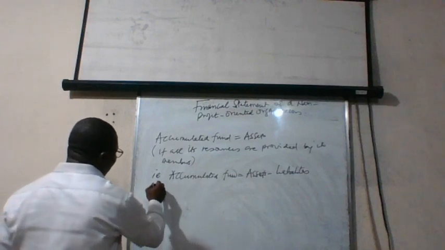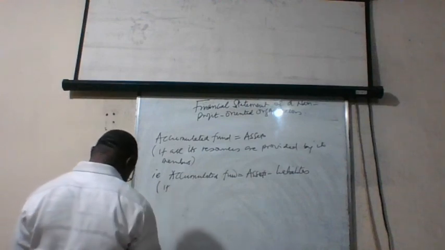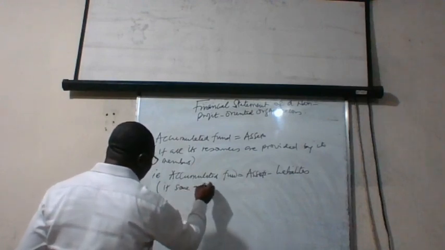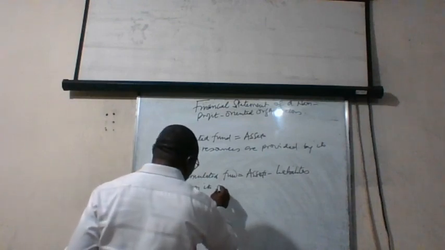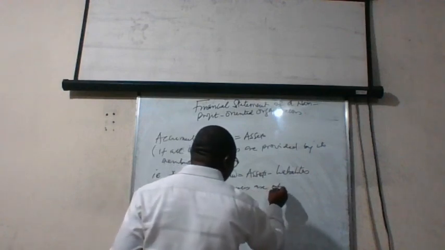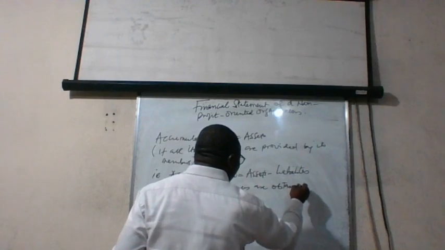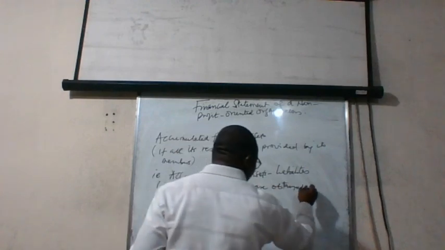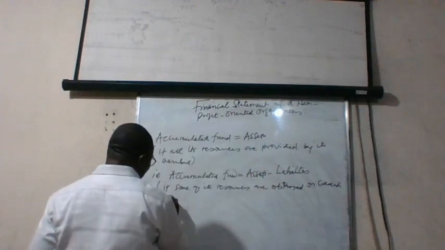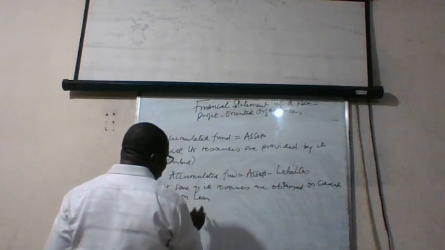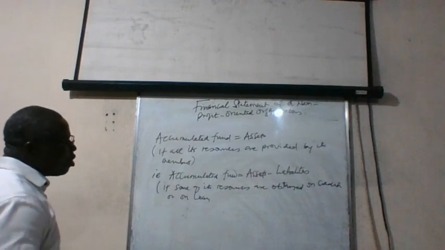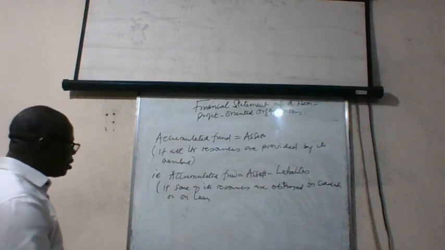In fact, this equally means that if its resources are obtained on credit or on loan, the liability, we have the current liabilities, the long-term liabilities, the short-term liabilities.